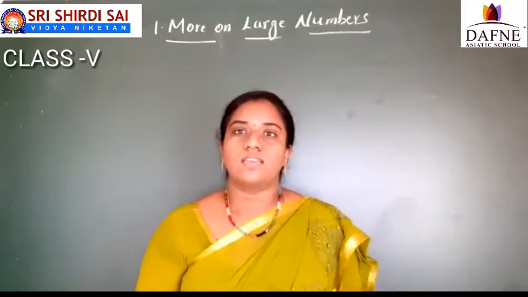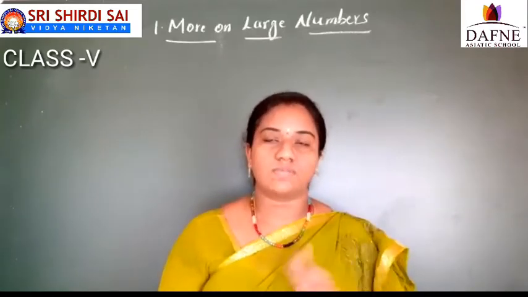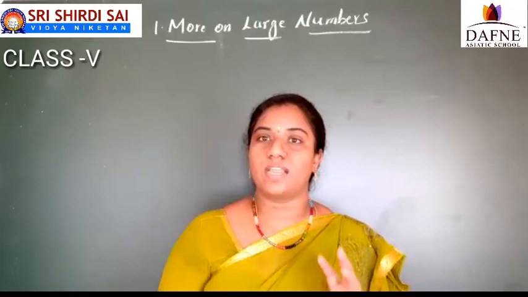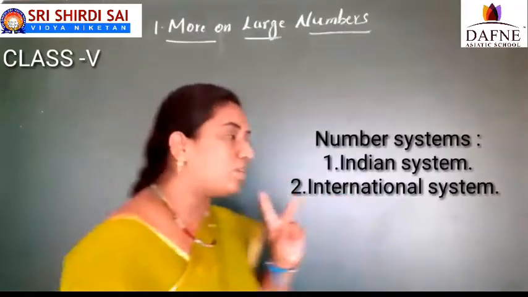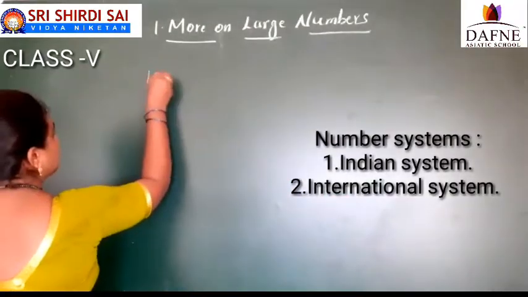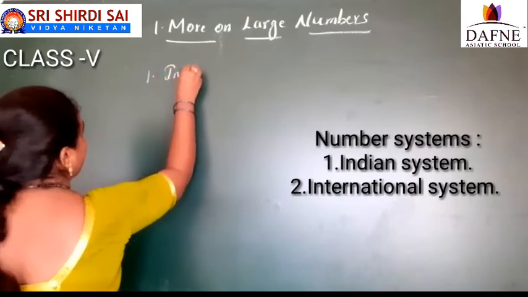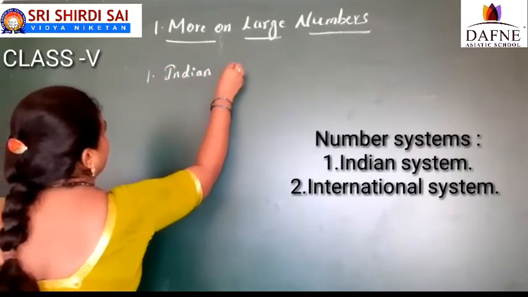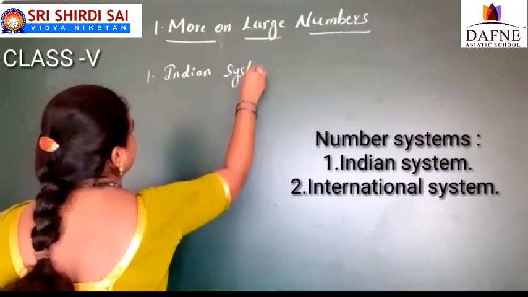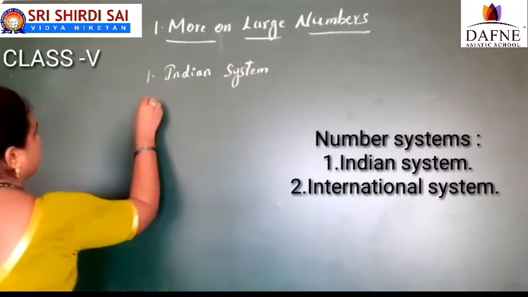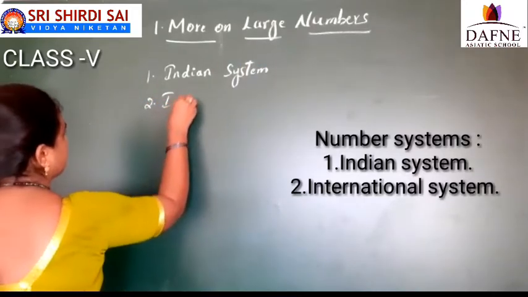Before that, we have two types of number systems. One is the Indian system and the other is the international system.